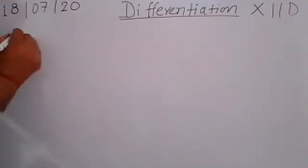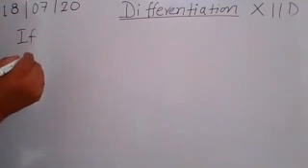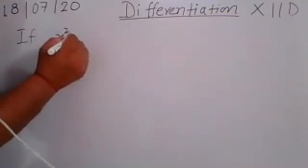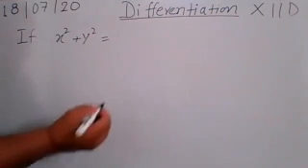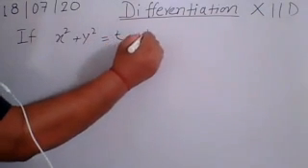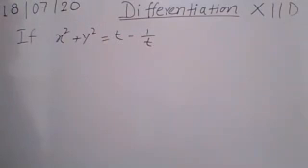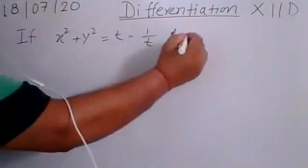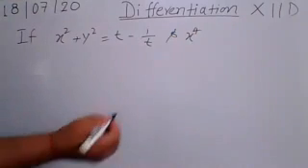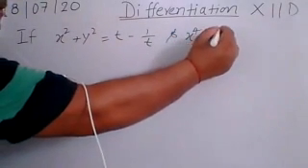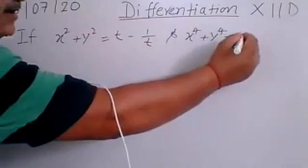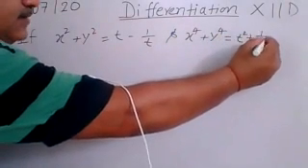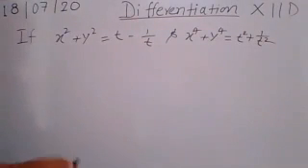Note it: if x square plus y square is equal to t minus 1 upon t, and x to the power 4 plus y to the power 4 is equal to t square plus 1 upon t square.